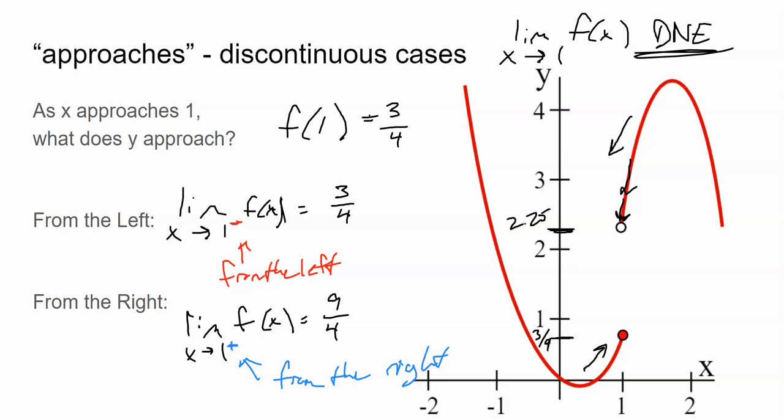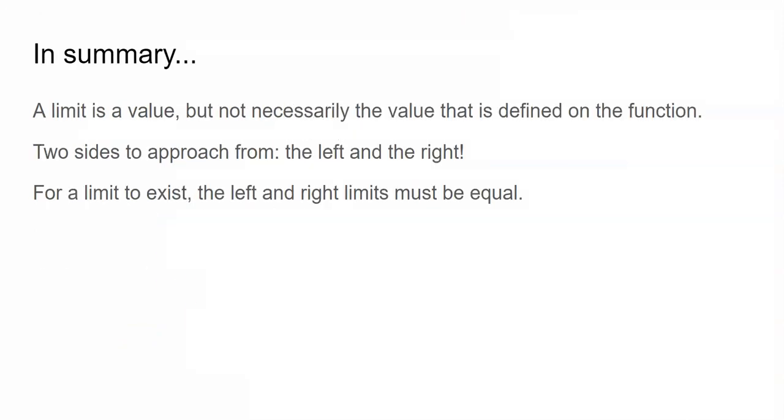Okay. This is a little different from what we thought about our definitions of function values being defined or not defined, and all that kind of stuff, right? So we have to keep that in mind as you go through the IP later. Okay, so here are the key ideas to take away from our notes today. A limit is a value, but not necessarily the one that is defined on the function.